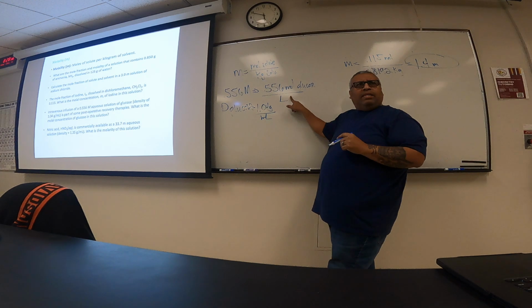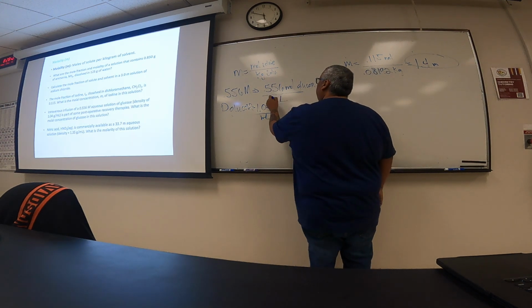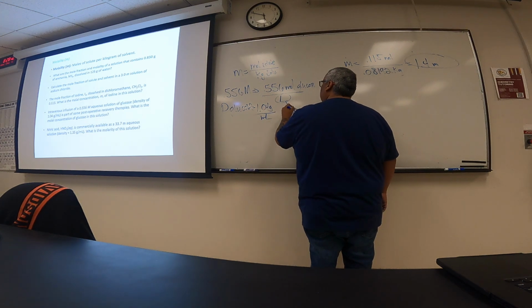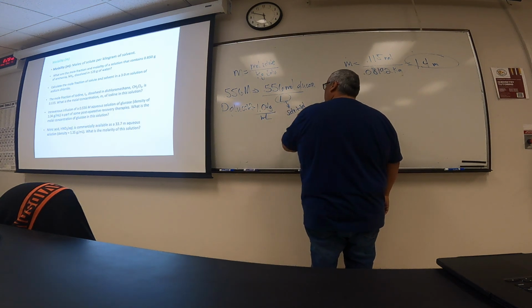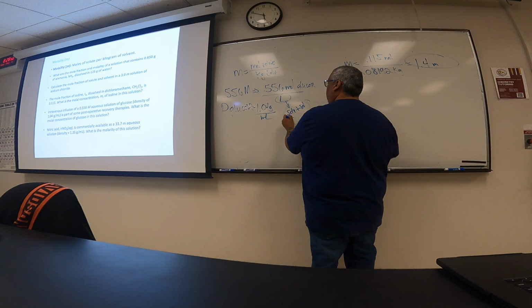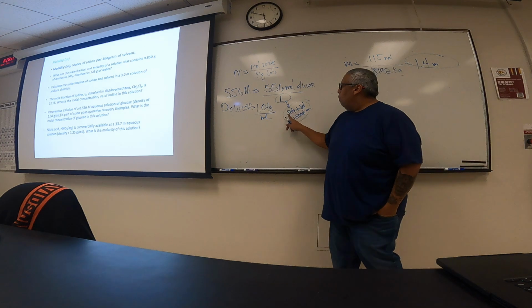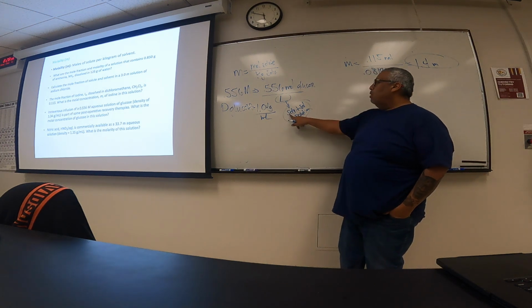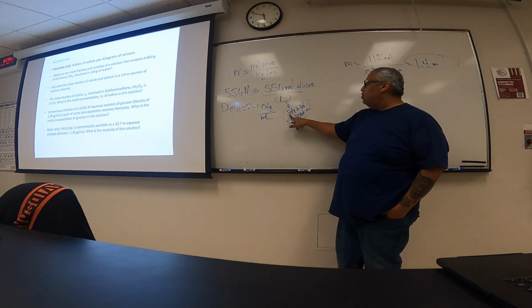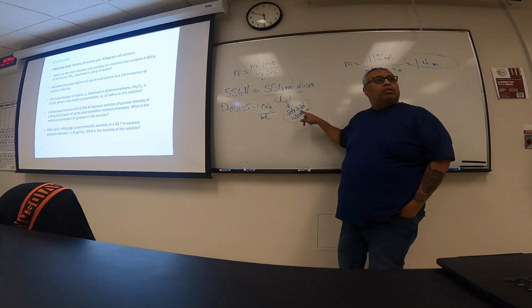And this is now liters of solution, right? This liter here is liters of the solvent plus the solute. This is equal to the solution. So in order to figure out the molality here, we need to determine how much of it is solvent and how much of it is solute.